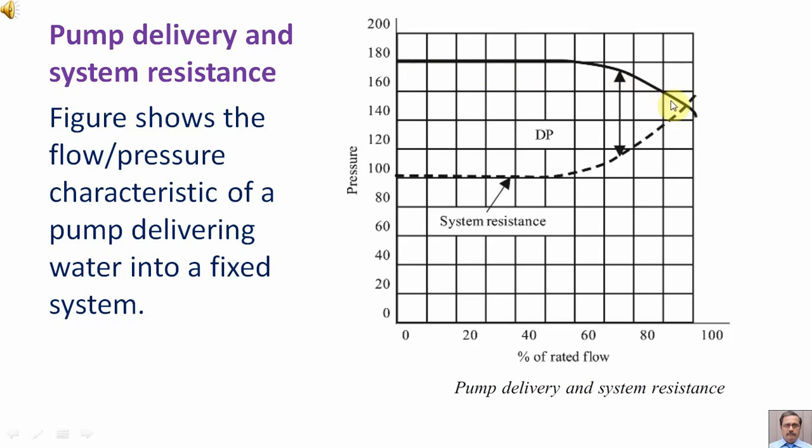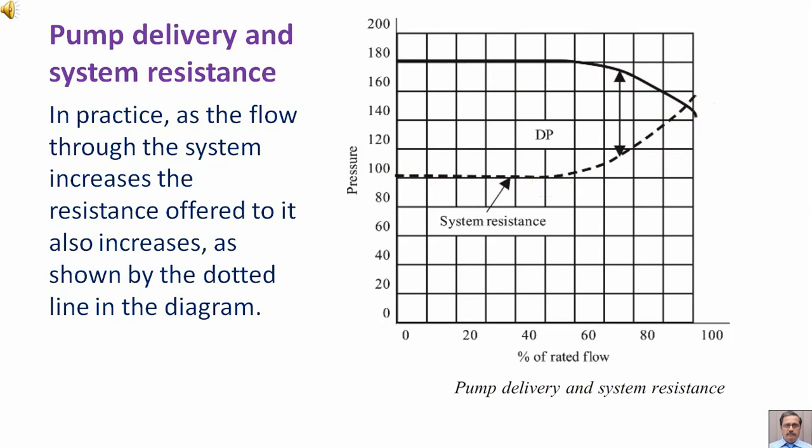Figure shows the flow versus pressure characteristic of a pump delivering water into a fixed system. In practice, as the flow through the system increases, the resistance offered to it also increases, as shown by the dotted line in the diagram.